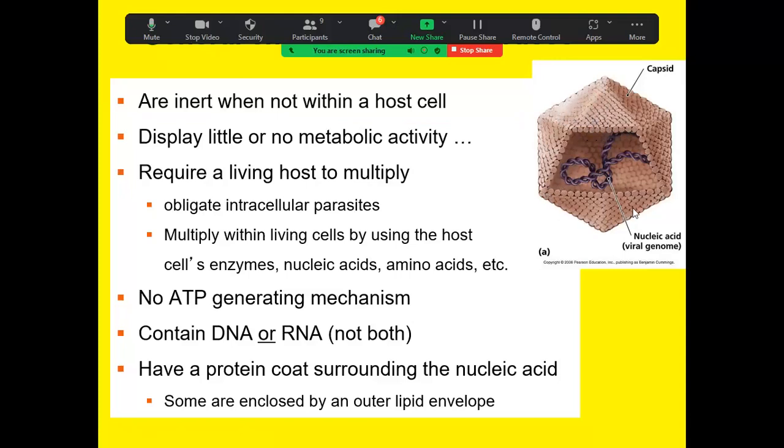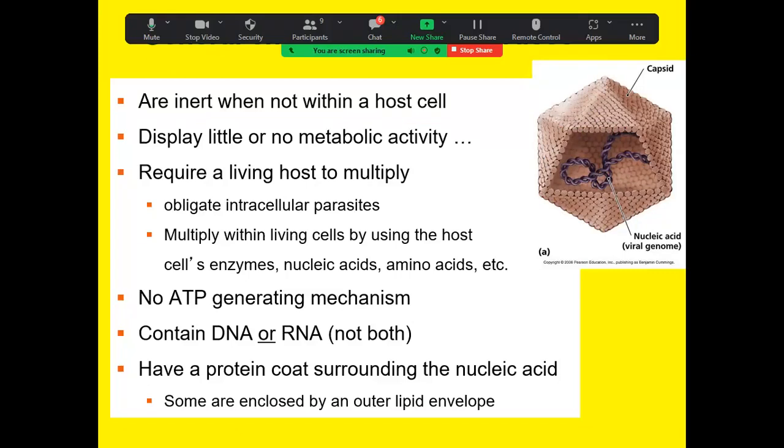So the protein coat of this virus is made up of one protein. That isn't always the case. There are several viruses which have several different proteins in their protein coat. But this one is only showing one protein in the protein coat.